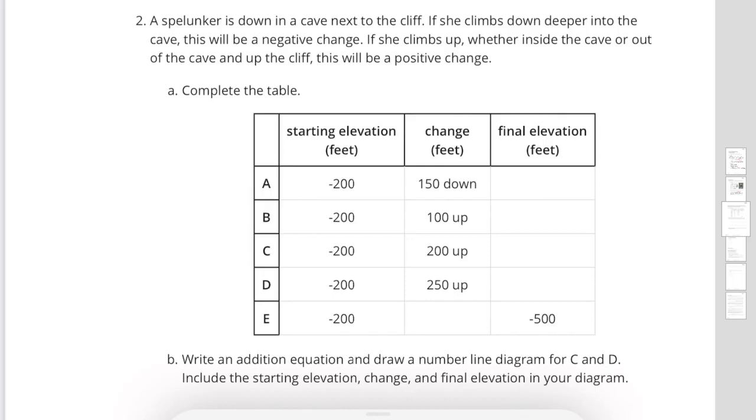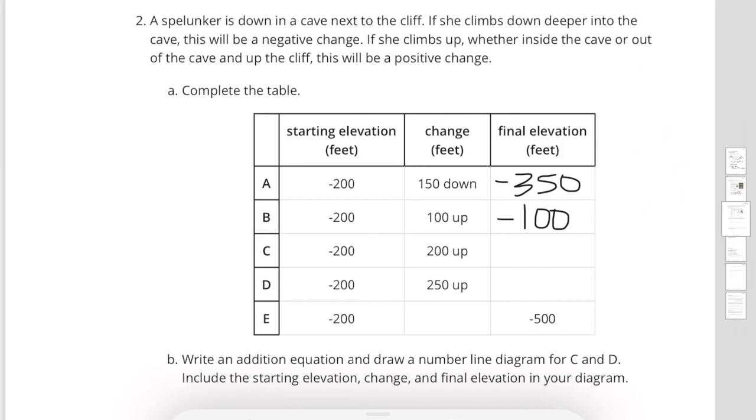So that means I'm going further into the negatives. So my final elevation would be negative 350 feet. On B, if she starts at negative 200 feet and climbs 100 feet up, she would finish at negative 100 feet.